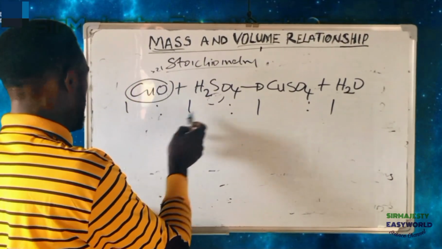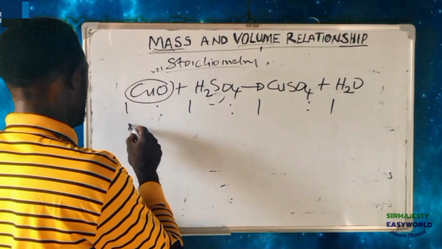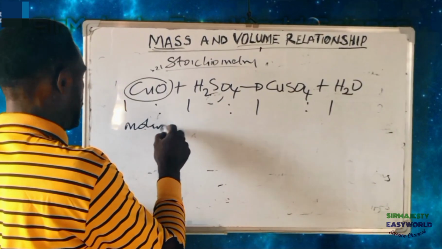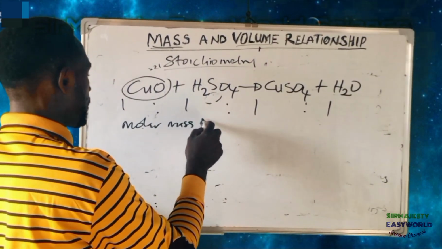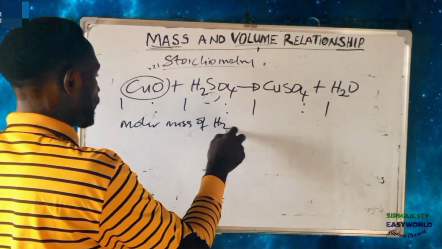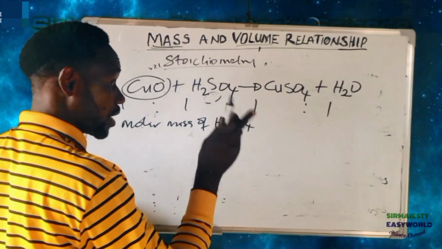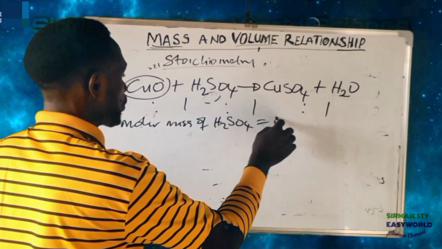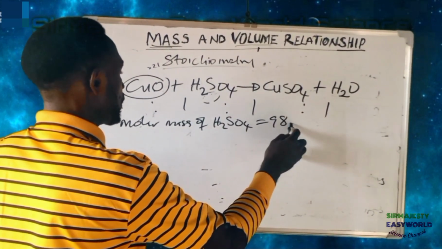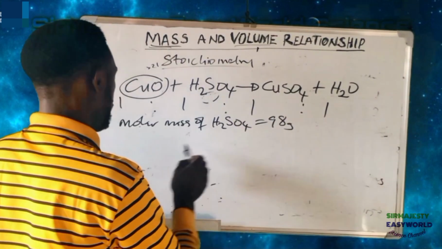The molar mass of H2SO4, if you are preparing for JAMB, it's good you know some molar masses. Like some 50 compounds, you memorize the molar masses of 50 common compounds. It shows your readiness for the exam. So this is 98, already known, grams per mole.